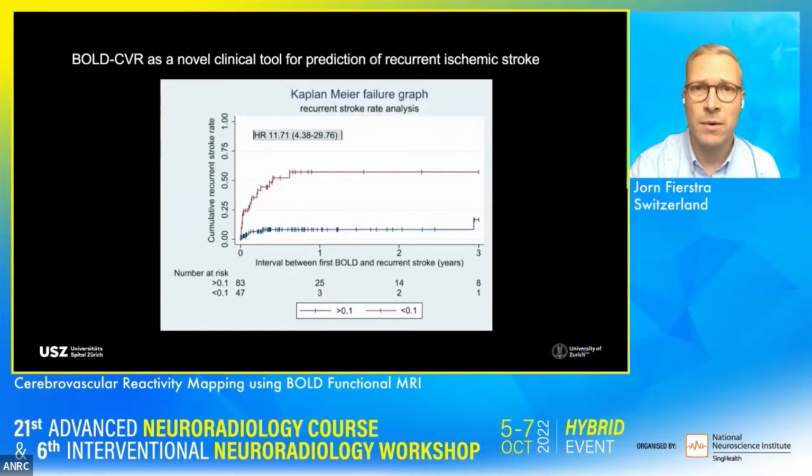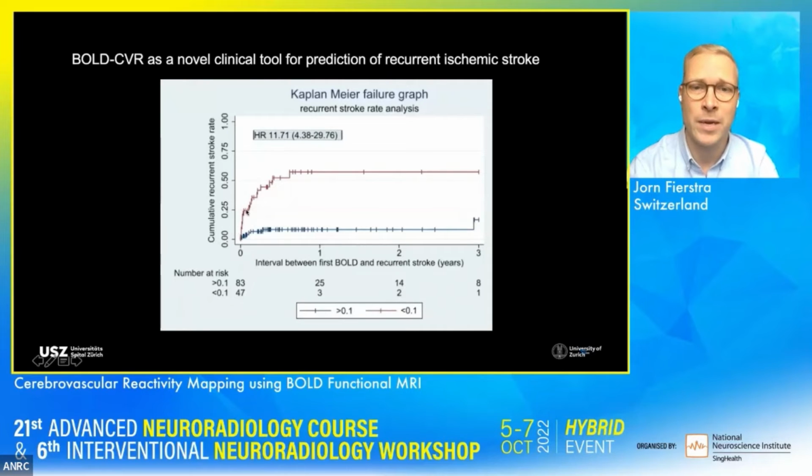So for BOLD CVR, because we have a standardized CO2 stimulus, we can also quantify our CVR response. And we found that the BOLD signal change per millimeter of mercury CO2 response larger than 0.1, that is the quantitative cutoff we found, would be patients that have not impaired CVR, and smaller than 0.1 would have impaired CVR.